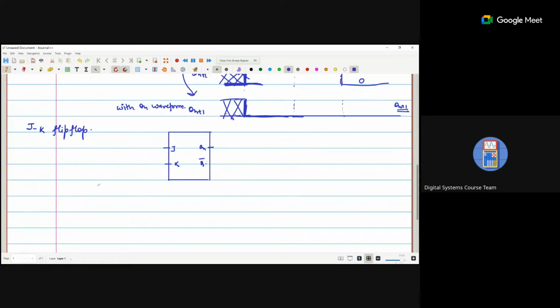Now, if we go with the states, A and B are the two inputs: 0 0, 0 1, 1 0, and 1 1. Here we see that there is no change, and here we are getting the complement.